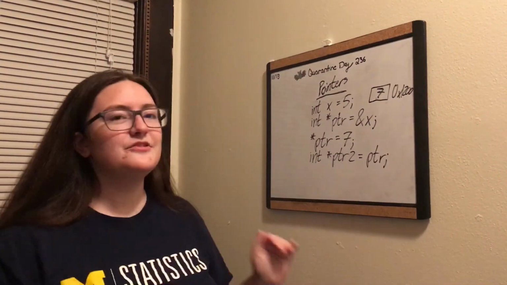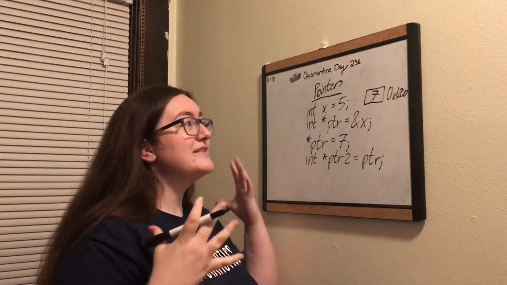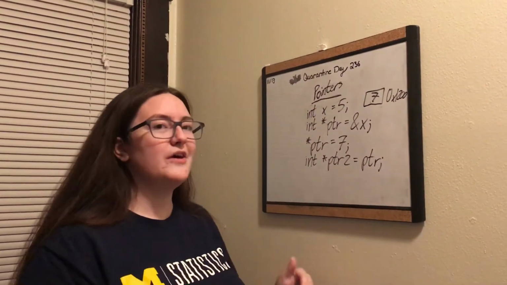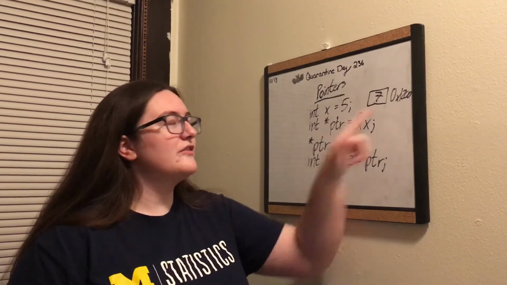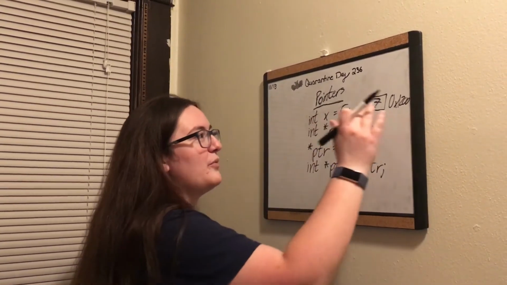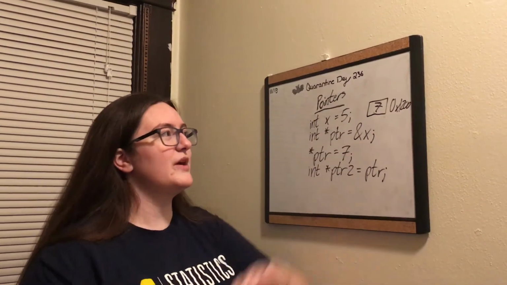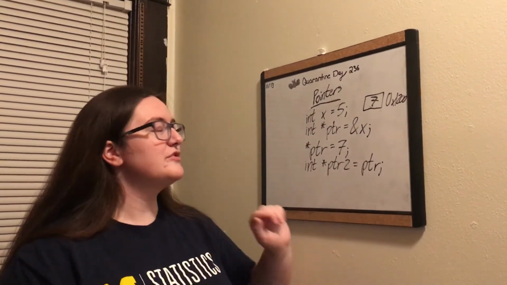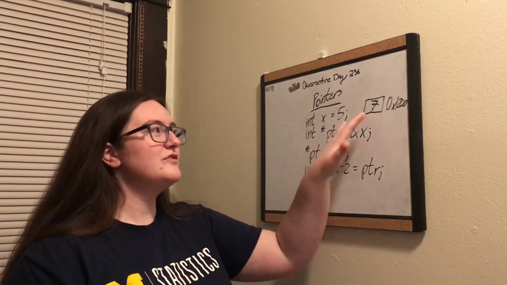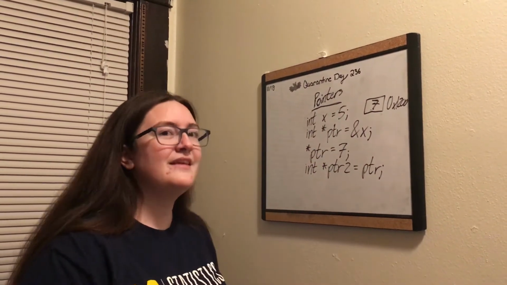Notice that I didn't use the asterisk because I'm not dereferencing that pointer. I don't want the value that it's pointing to. I only want the location in memory. Since ptr points to 0x1200, that's what it'll return. So now pointer2 and ptr both point to 0x1200, which is right now 7.